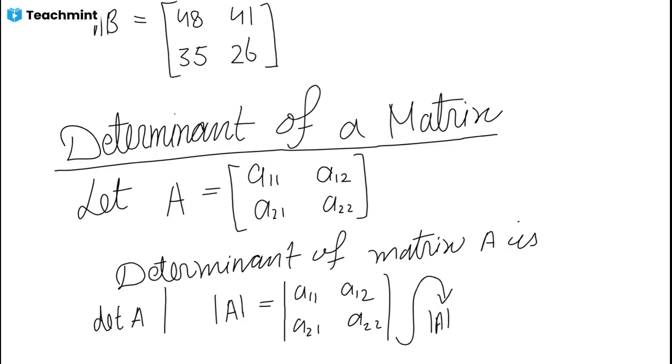Determinant of A is A11 into A22 minus A21 into A12. This is for 2 by 2 only, because this is a 2 by 2 matrix.